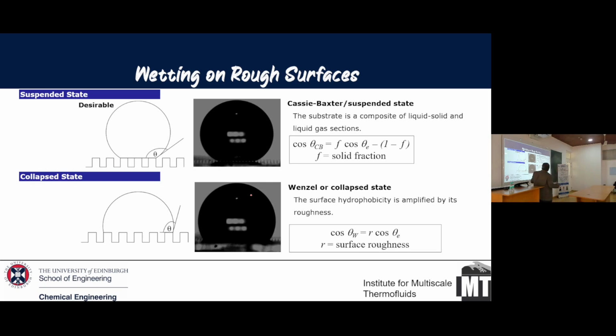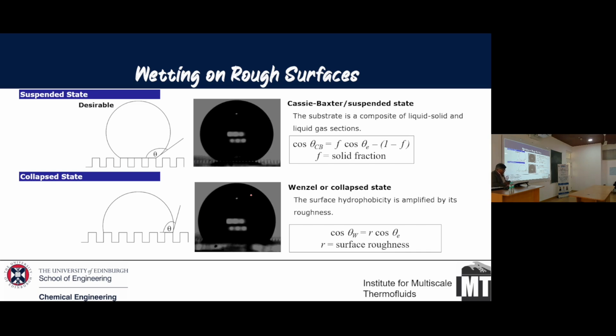If you want a very mobile system, you want the Cassie-Baxter state, because the droplet can easily roll off, but once it is entrenched in the texture, its motion is completely restricted. So for wetting on rough surfaces, you can have the Cassie-Baxter state or a more collapsed Wenzel state.